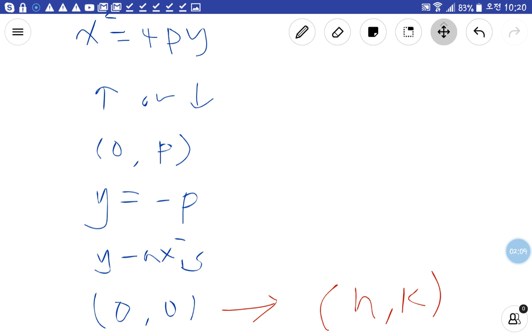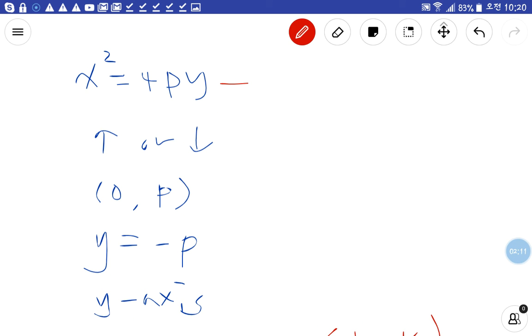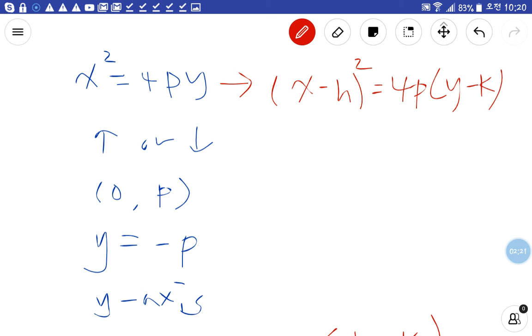First, your equation is going to change like this: x minus h squared equals 4p times y minus k. So instead of your x and y, that would be changed into x minus h and then y minus k. The open direction is not going to change anything, so keep it up or down.